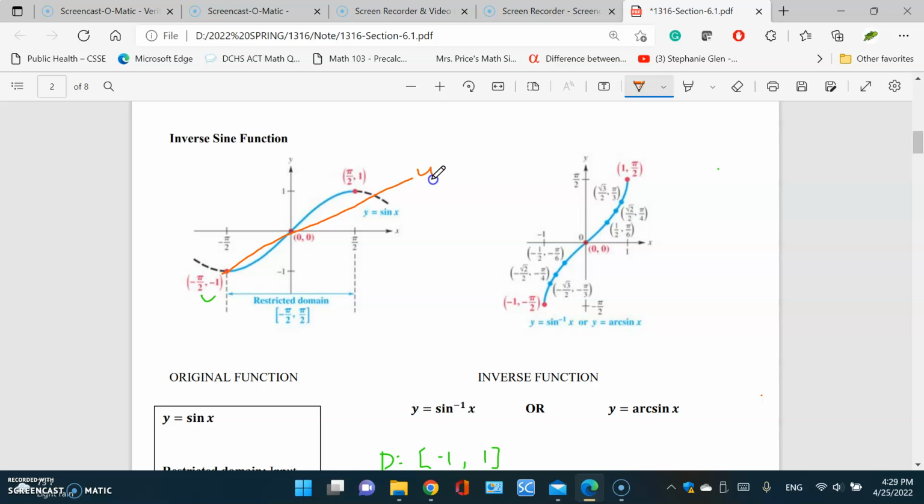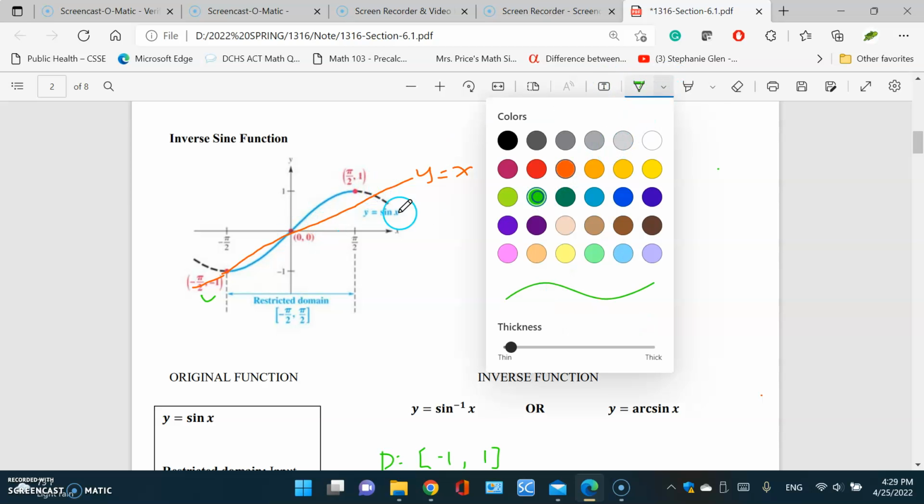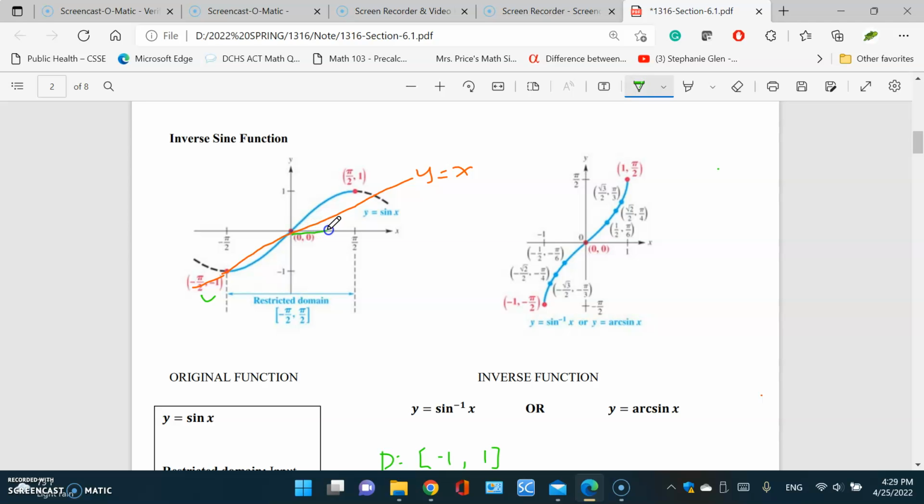When I draw y equals x passing through the origin, the blue curve is the sine function. Finding the inverse of the sine function, with respect to y equals x, we get this green curve. The green graph represents the inverse of the sine function.